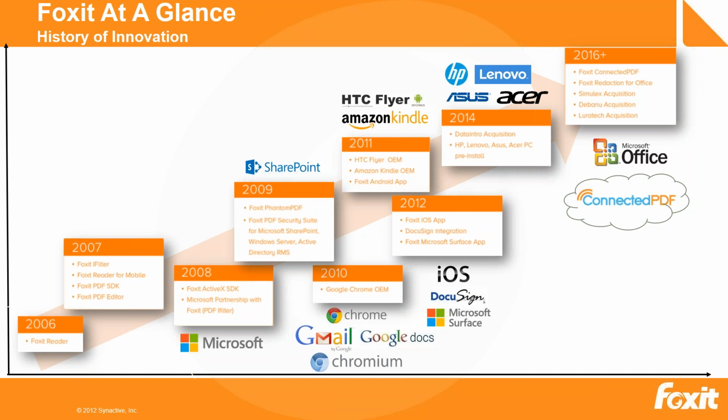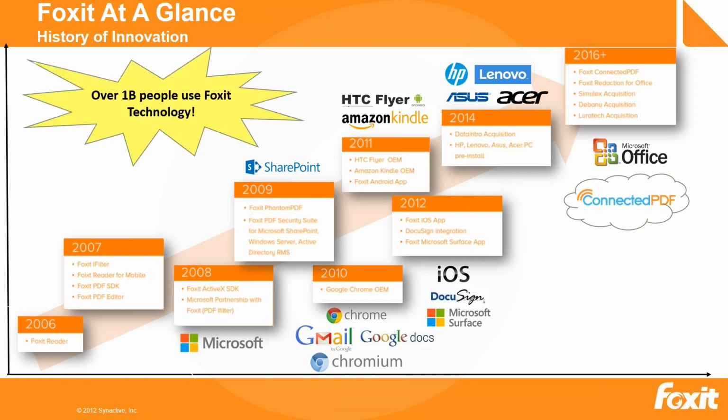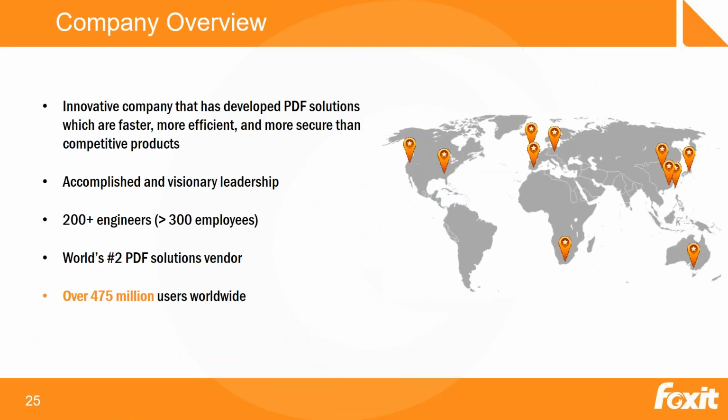Our technology is also embedded in scanners. So if you have a Panasonic scanner, we have integration there, and also some enterprise content management systems such as OpenText, EMC Documentum. So we have over 1 billion people using our technology today. You can see here that we are a global company with engineers all over the world.